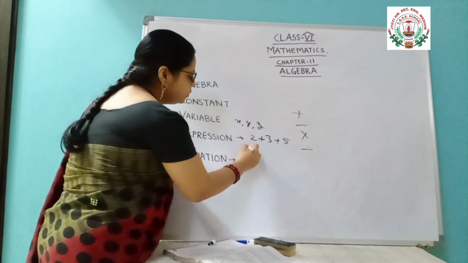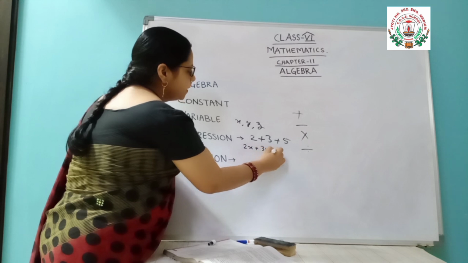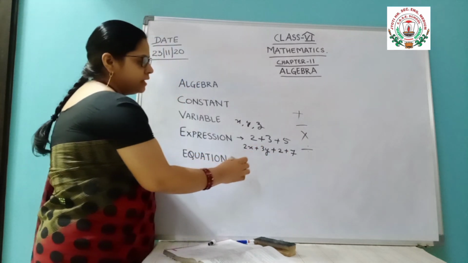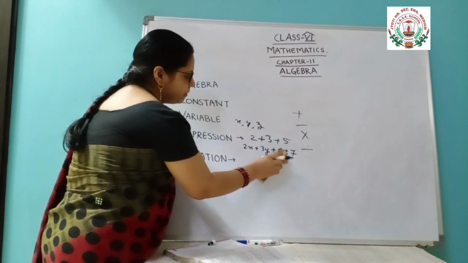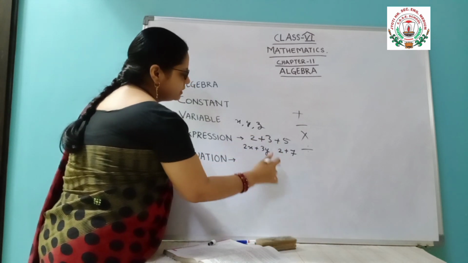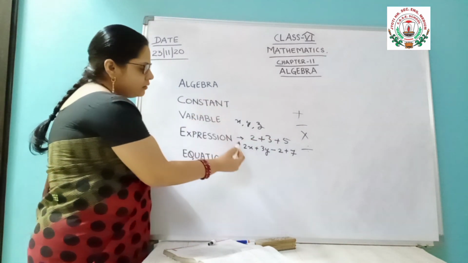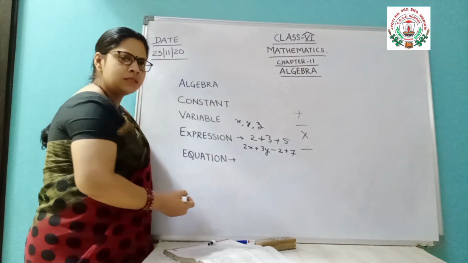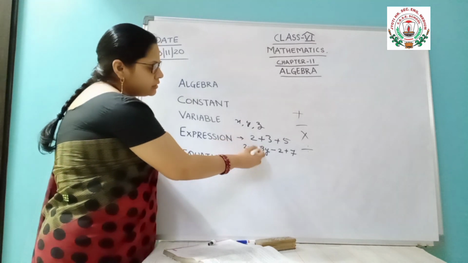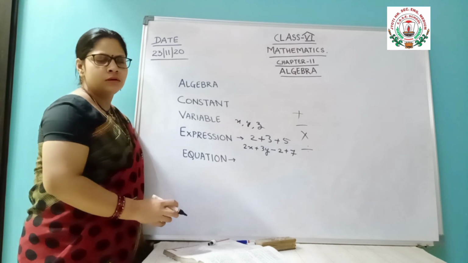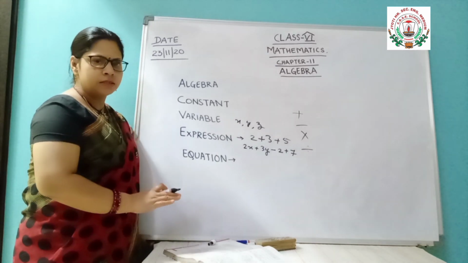Like 2x plus 3y plus 2 plus 7, anything like that. In between some minus or some into can also be there. Where numbers, that is constants, are also there, and along with that some alphabets, that is variables, are also there.